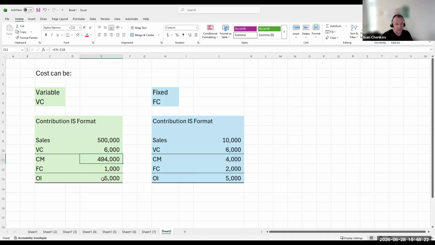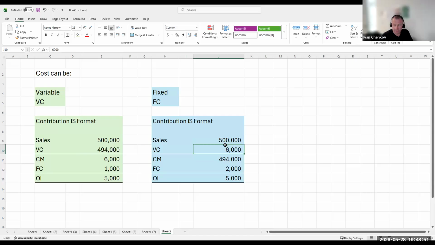And now I have to generate 494,123. My variable cost is $494,000. With the other company, still the same sales, 500,000, but that company is heavily exposed on the fixed cost.